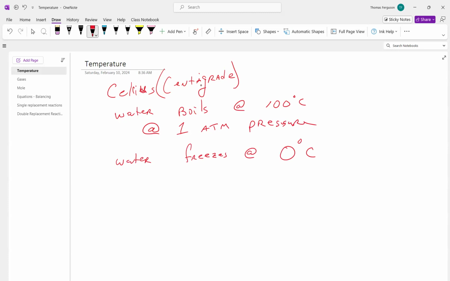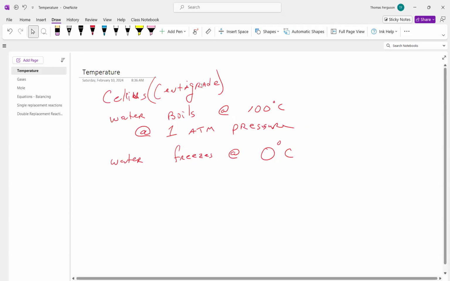So what's the difference between 0 and 100, temperature-wise? Delta what? 100. And that's where the centigrade comes in, or Celsius. A lot of people use centigrade because there are 100 degrees separating freezing water and boiling water. So everything is nice and metric.